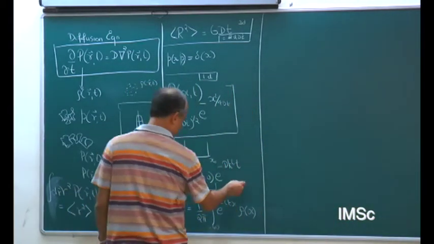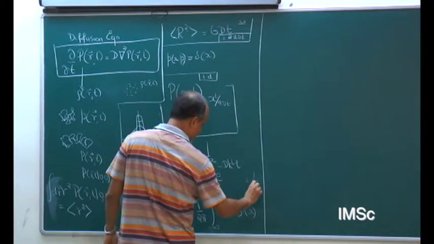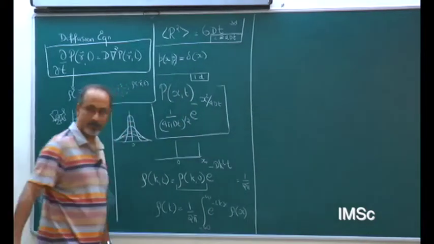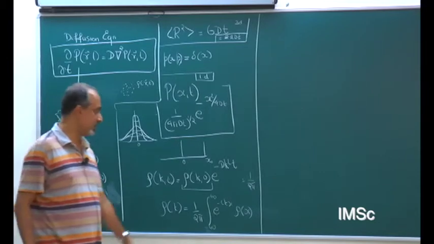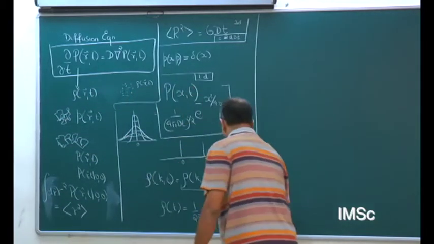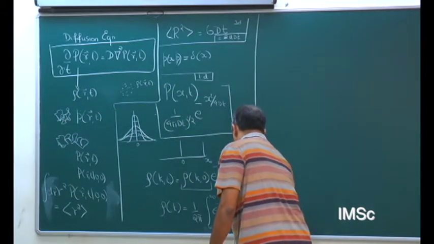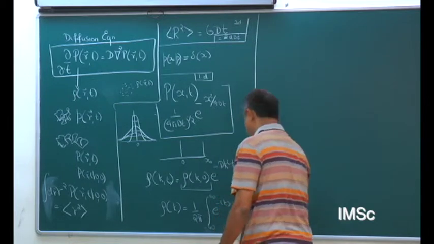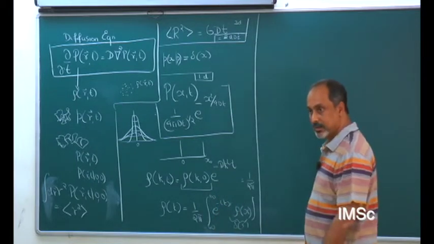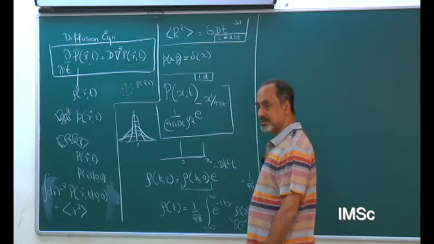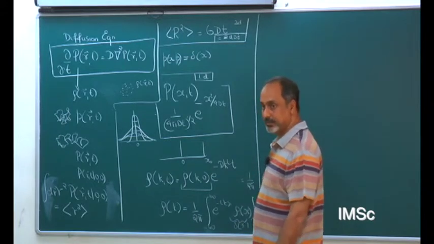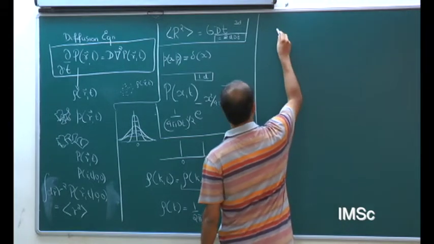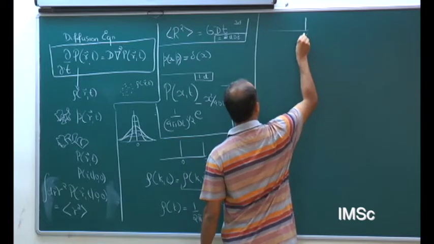We said rho of x was initially a delta function of x. But suppose it was not a delta function at 0, but a delta function at some other point, for example x0.